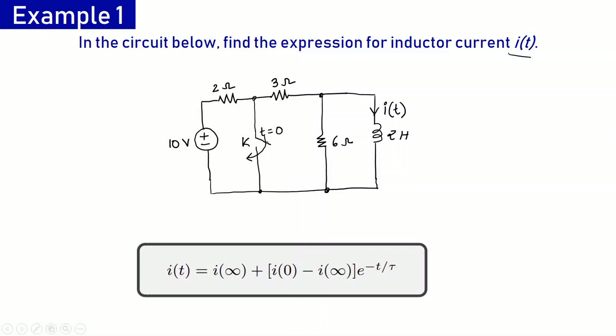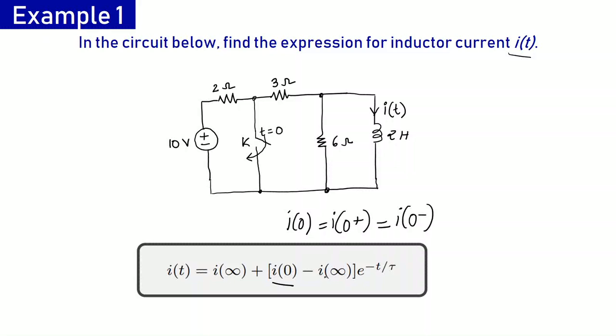We know that the generalized expression for this current will be this one. Here I0 is the current after this switching action takes place. In our case, this I0 is equal to i(0+), and since this is an inductor for which current cannot change instantaneously, this current will be equal to i(0-).